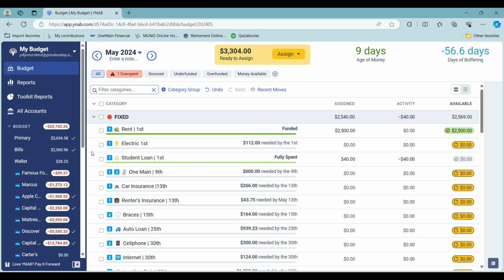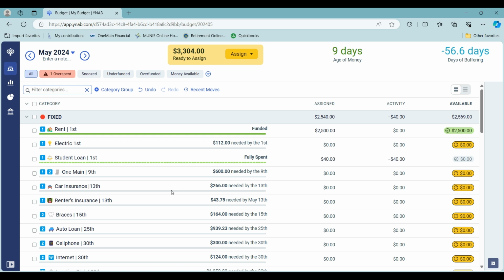So let's jump in. What I had in mind for this money, $3,304, was to pay off some debts. But the way things are going, you guys, I can't foresee myself doing that. I can't just throw big chunks of money towards debts, because if I do that, ultimately I run out of money and then I have to charge things to my card.